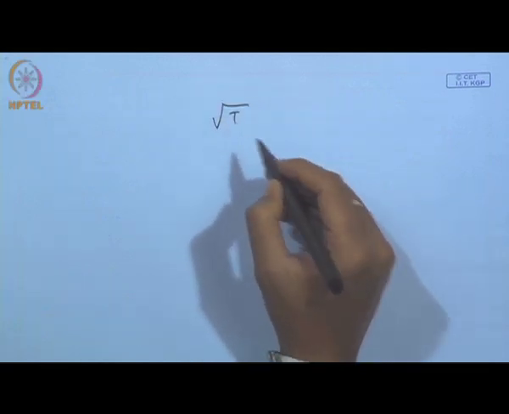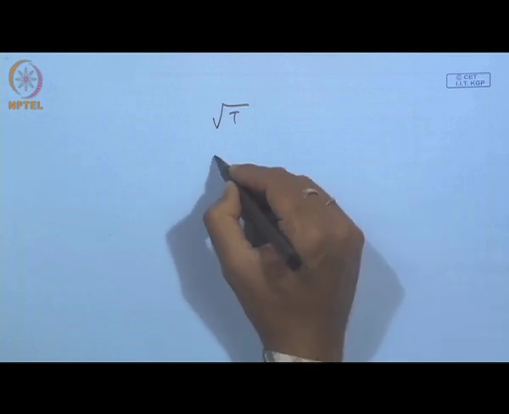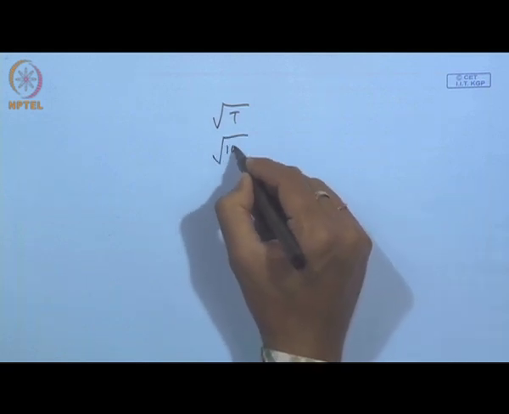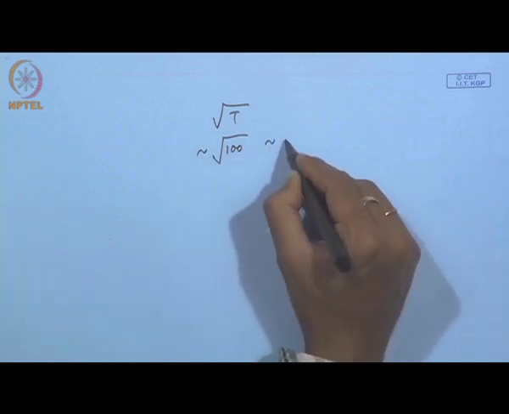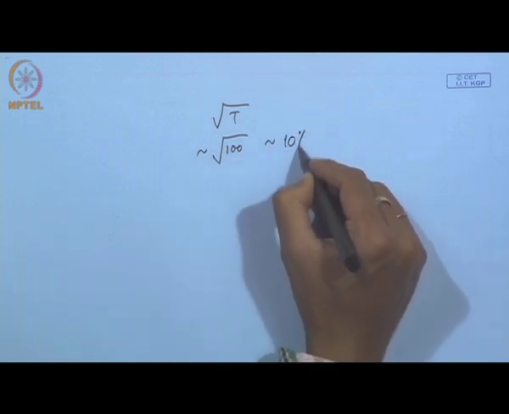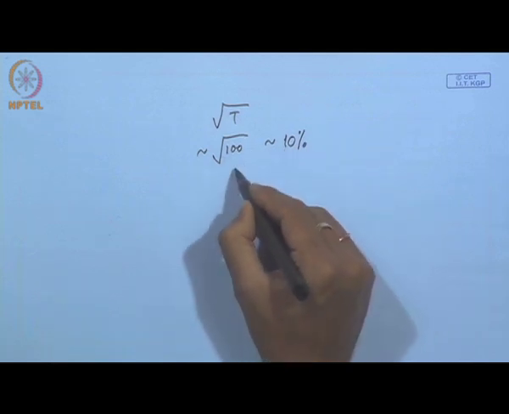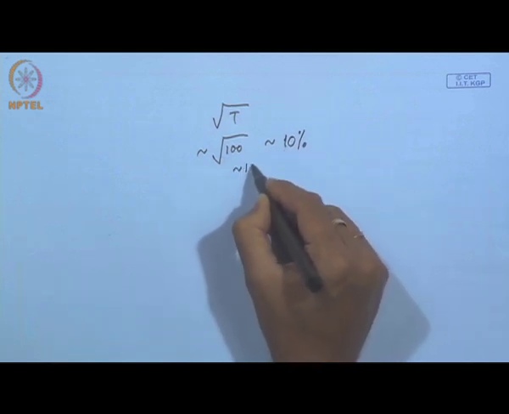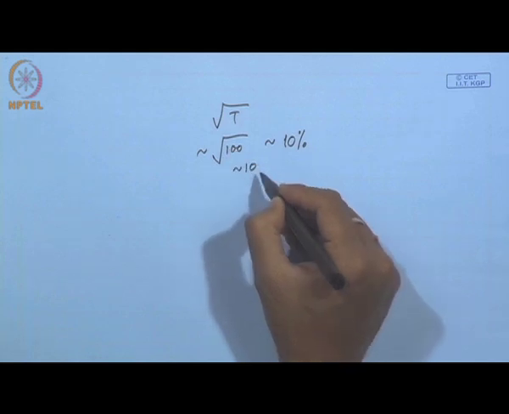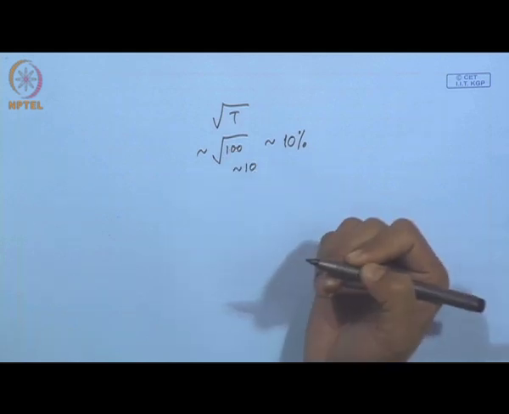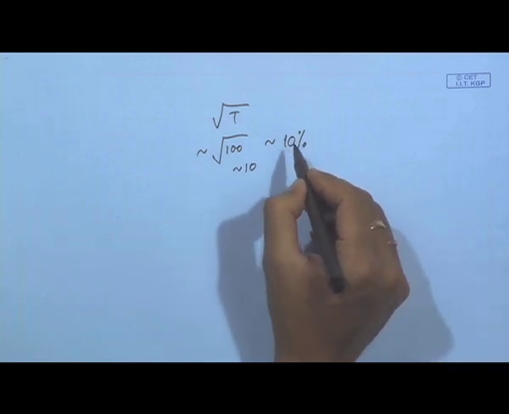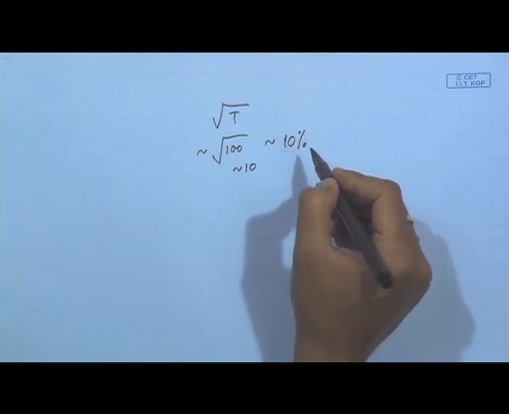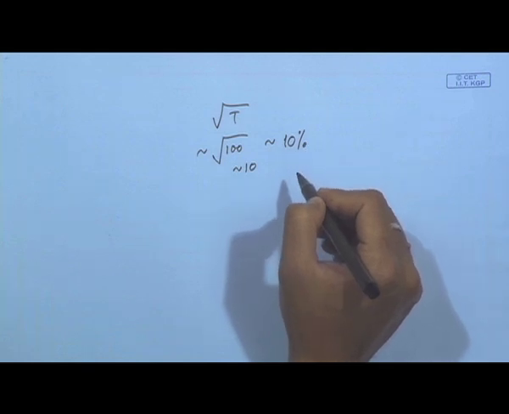Root over 100 is about 10, so from 100 we may have 110 or maybe 90. It is nothing but a 10% change if you move from 500 to 600.